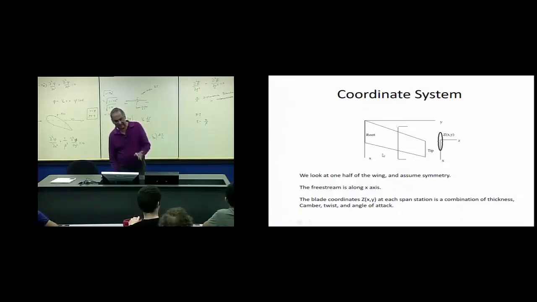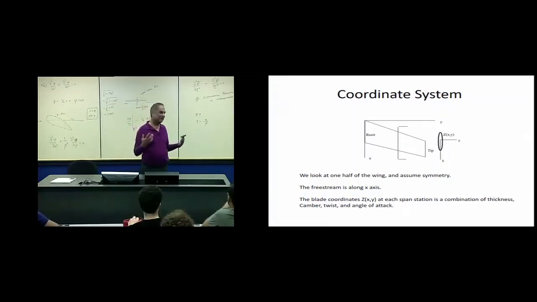If you cut at any place, you're going to get an airfoil section like this. In 3D, the wings will in general be twisted, so different sections will have different shapes. You may even have one airfoil here, another airfoil here, another airfoil here. So wherever you slice it, you'll get a different shape.